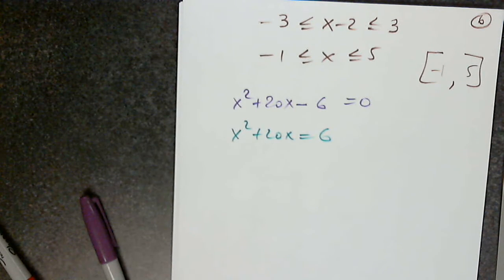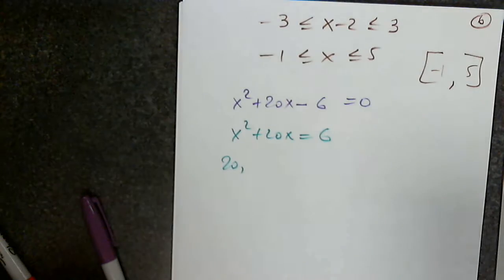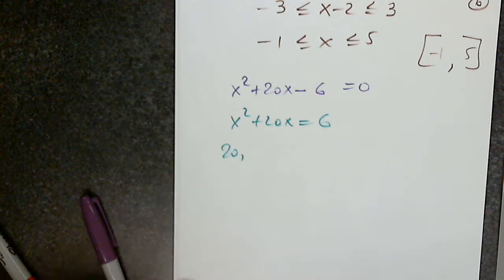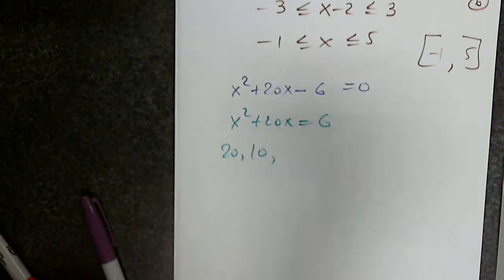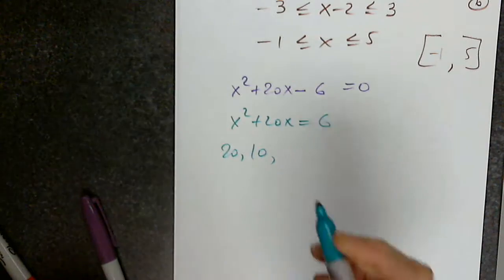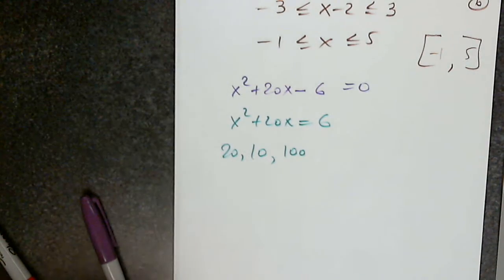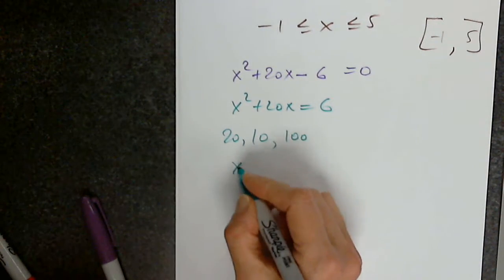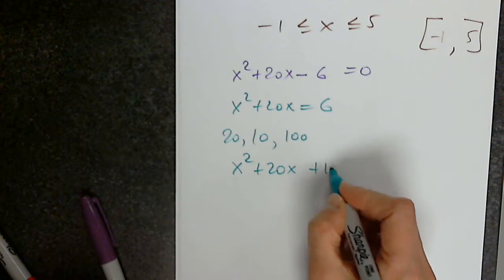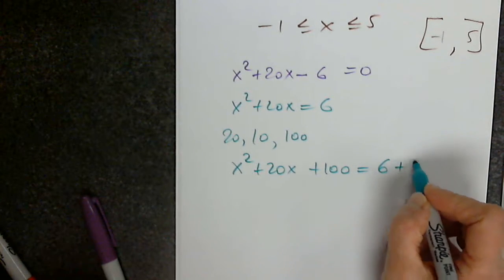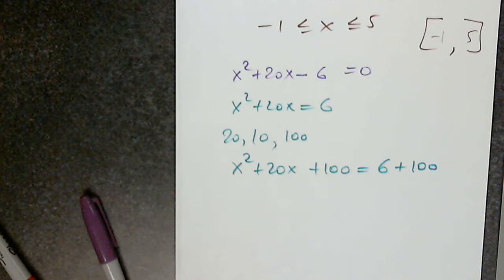First step, I need to identify b. Yes, which is? 20. Right. 20. Divide that by 2. Very good. Square that. Good. This is what I have to add to both sides. So this is x squared plus 20x plus 100 equals 6 plus 100.